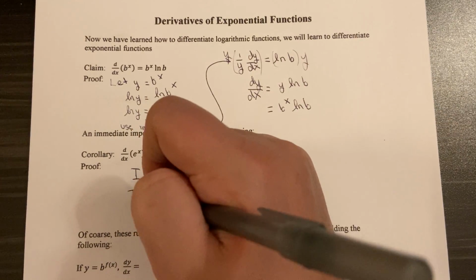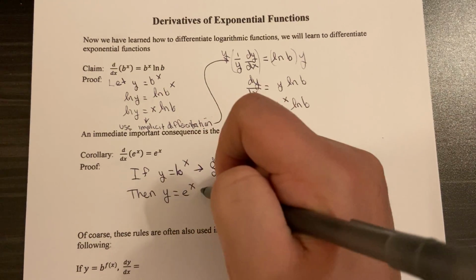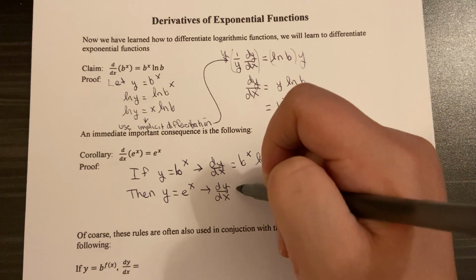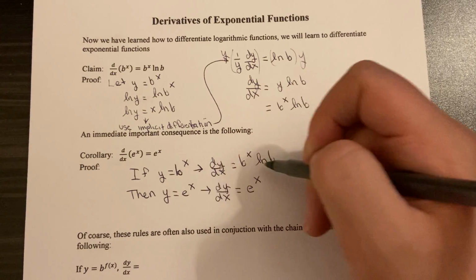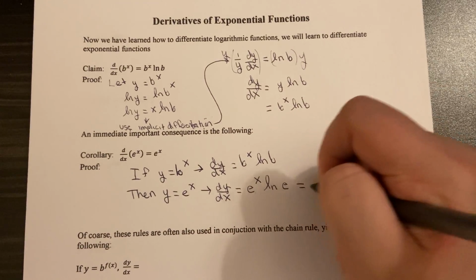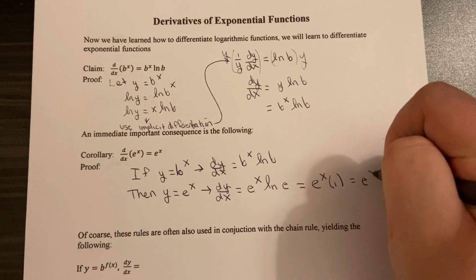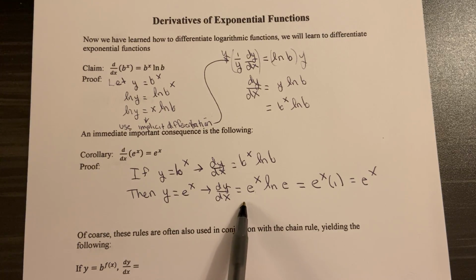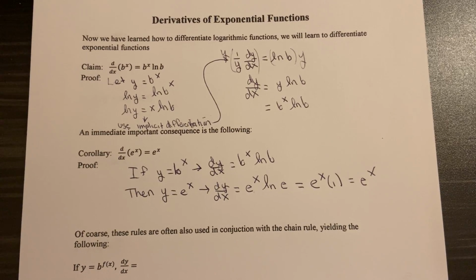So then if we apply the same thing, if y is equal to e to the x, our b now is e, so we get e to the x ln of e. But we said before that ln of e is just a 1. So that's why the derivative of e to the x ends up just giving you e to the x, okay?